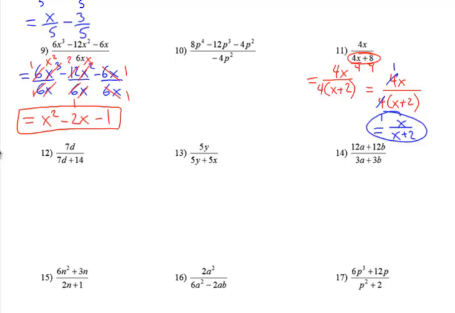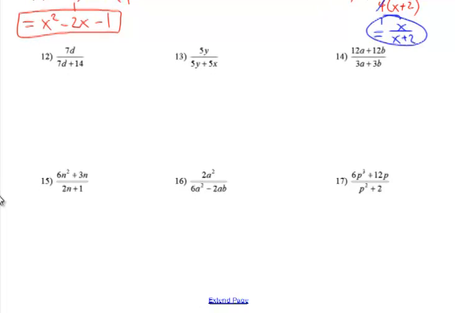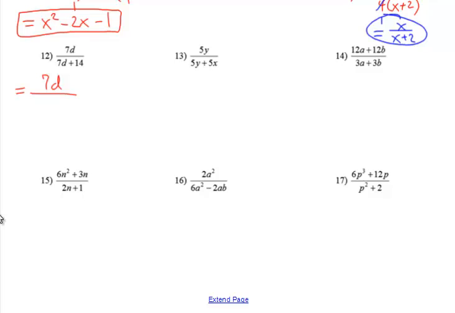All right, so let's try a couple more of these here, just because this is a little bit different. So number 12, again, monomial over a binomial. So I'm looking to factor, common factor of 7. So I write that 7 in front, and it becomes d plus 2.